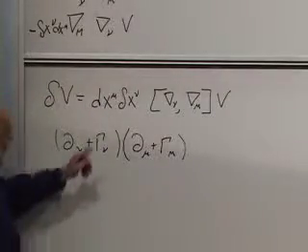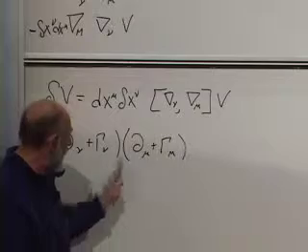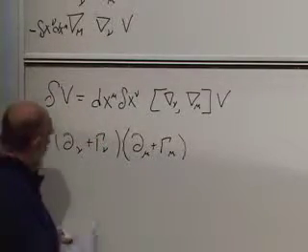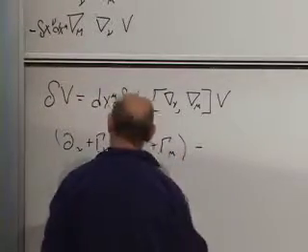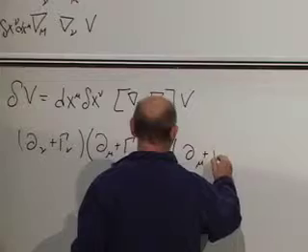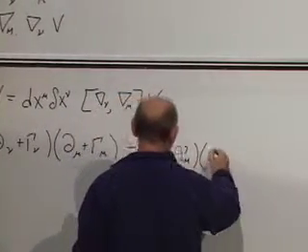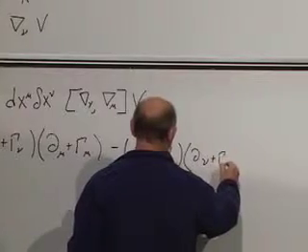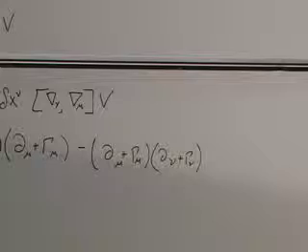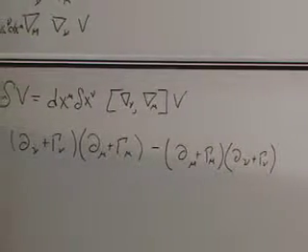That's the product, ∇_ν on the left and ∇_μ on the right. Now we have to switch them and subtract. Minus ∂_μ plus Γ_μ times ∂_ν plus Γ_ν. And then multiply it by the vector V, but for the moment I'm only interested in writing the operators down.